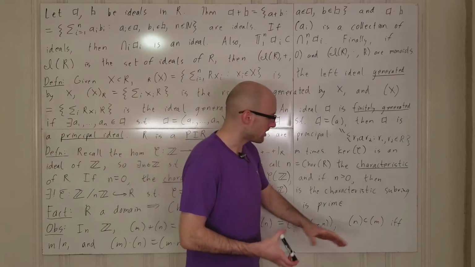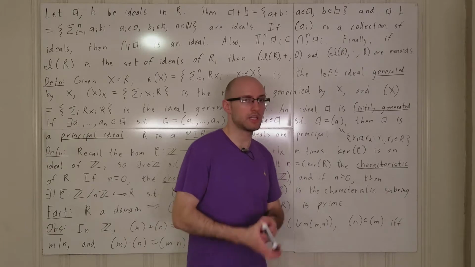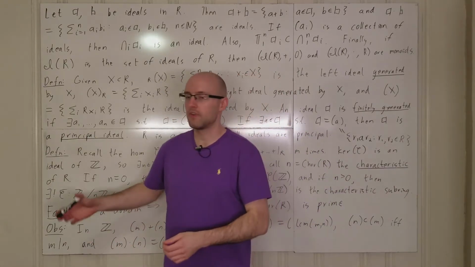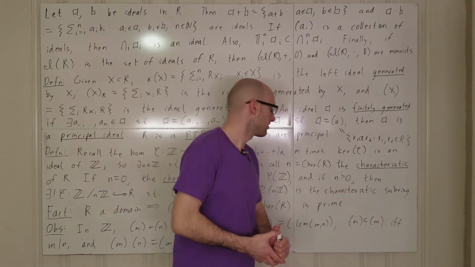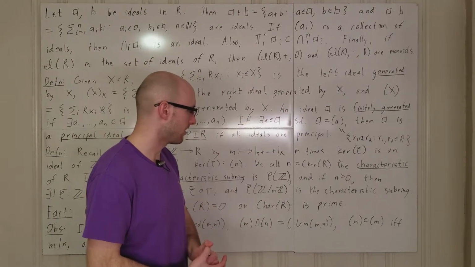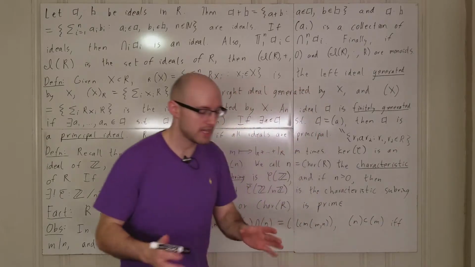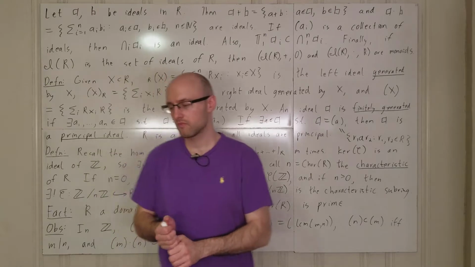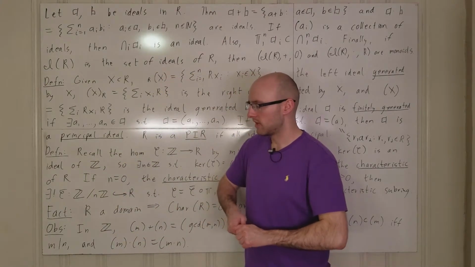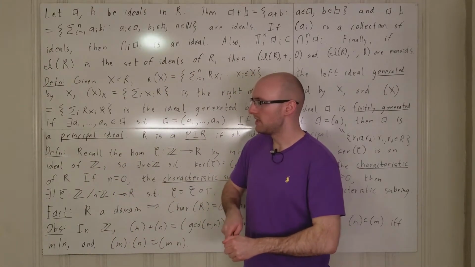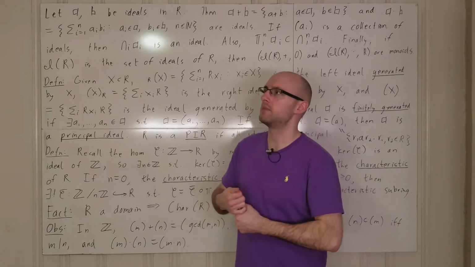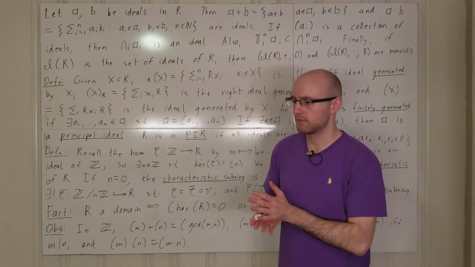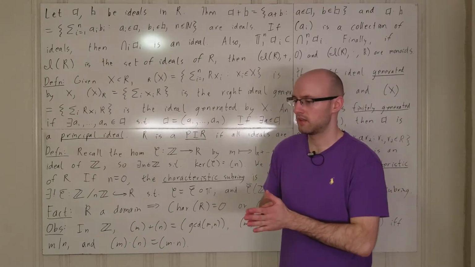If you have an ideal n which is contained in an ideal m, then that's equivalent to saying that m divides n. And that makes sense because if n is an ideal which contains m, then you need to be able to take m and multiply it by some number to get n.